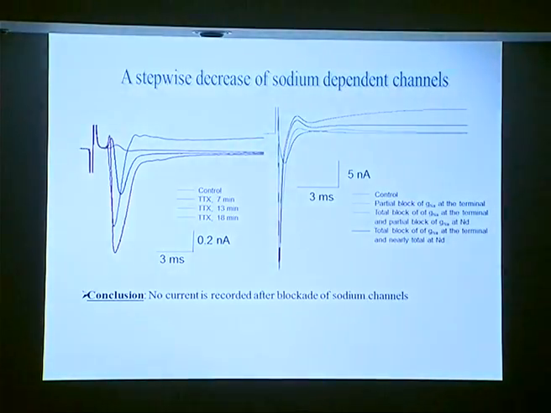And in the model, we did the same thing by decreasing the sodium conductance also on the terminal. First we decreased the sodium conductance on the terminal, and then after a few steps we decreased it on the terminal and nearly all the sodium conductance on the most proximal node to the terminal.